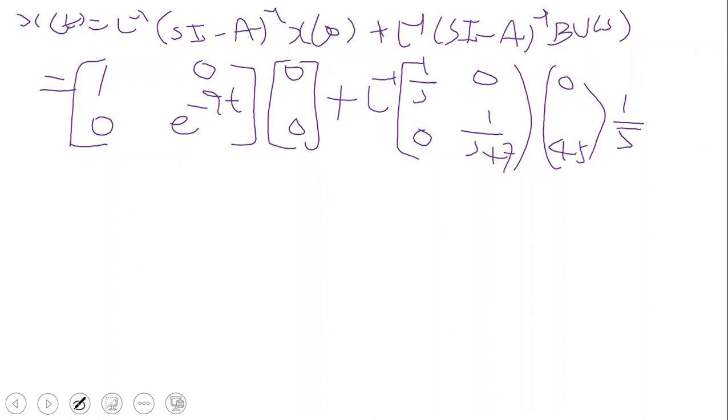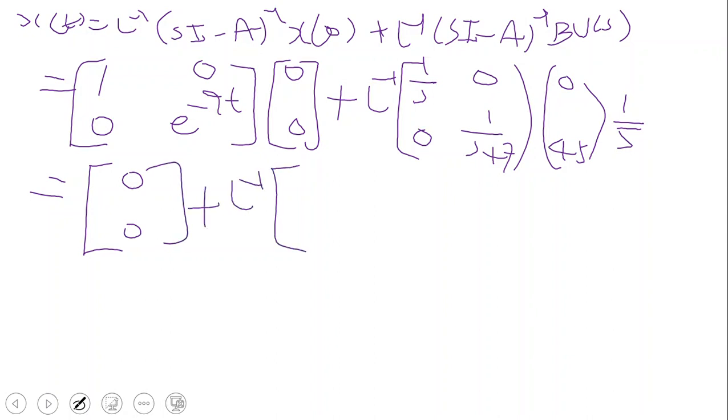If you multiply the first two matrices, 0 0 plus L inverse of, 1 by s into 0, so that is 0, and here 45 by s plus 9 into 1 by s.